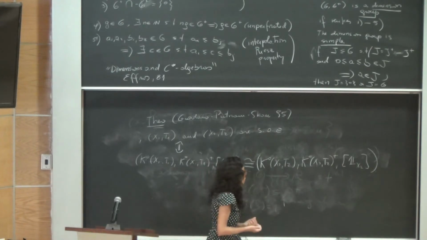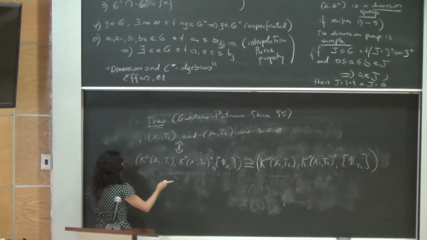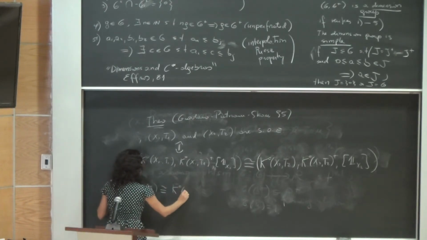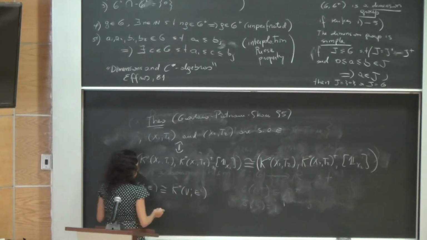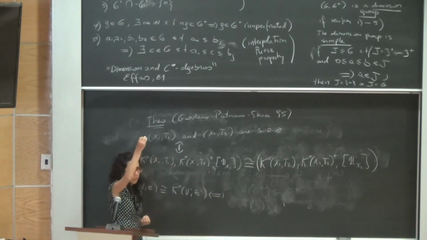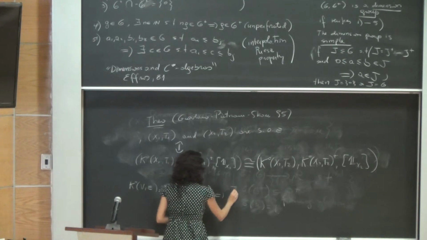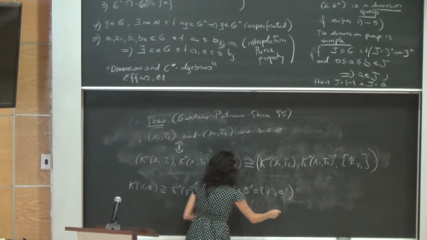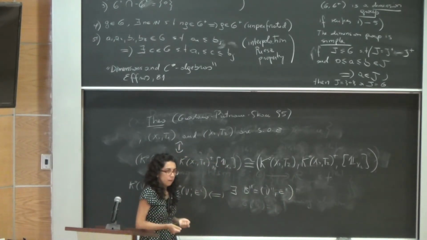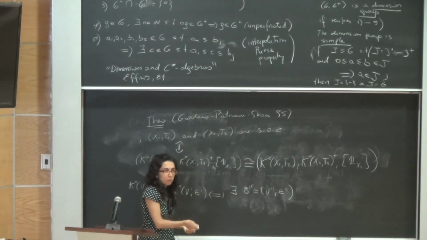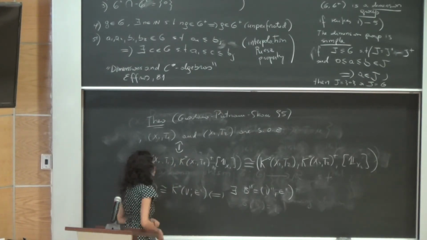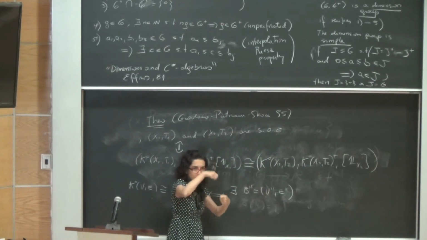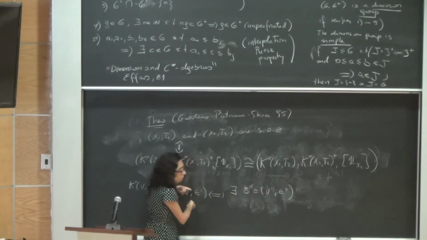And maybe something that we have to see is that two Bratteli diagrams have the same dimension group if and only if there is a third Bratteli diagram such that if you telescope the Bratteli diagram to the odd levels, you get B, and if you telescope to the even levels, you get B prime.